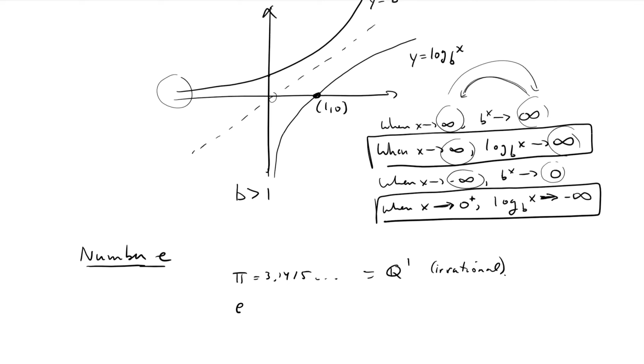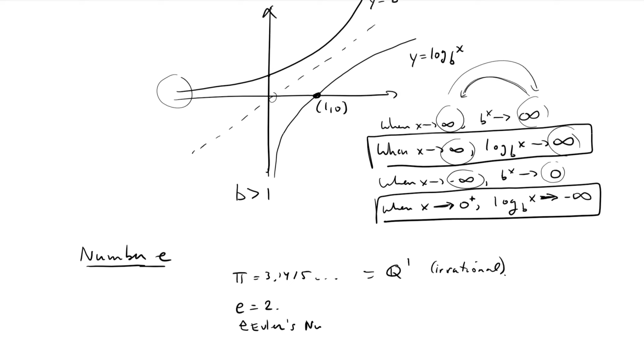There's another number that's part of the irrational numbers that's quite famous. It's called e, E for Euler's number. Euler was a famous Swiss mathematician. When I say famous, I mean really, really famous. One of the top mathematicians of all time.